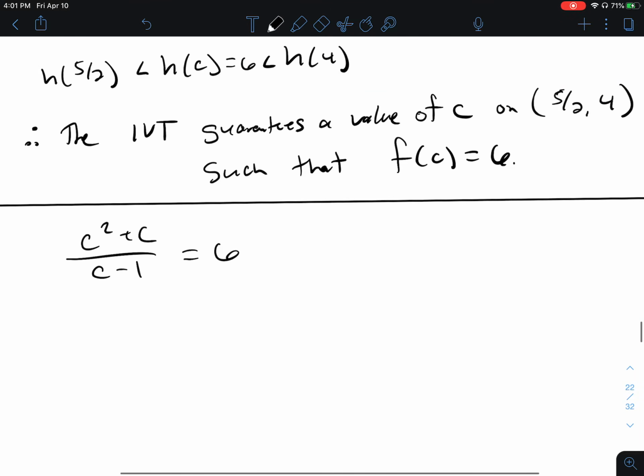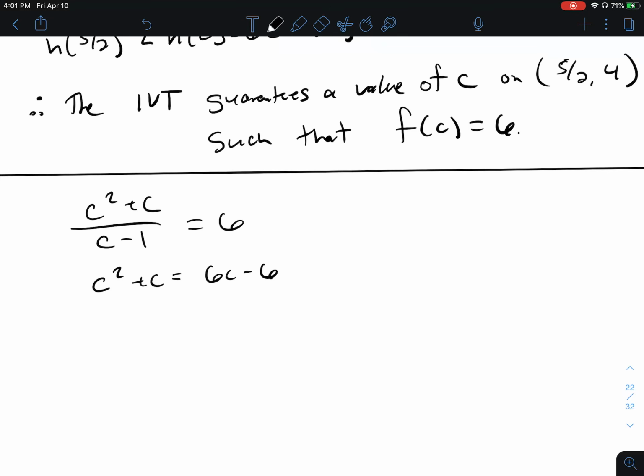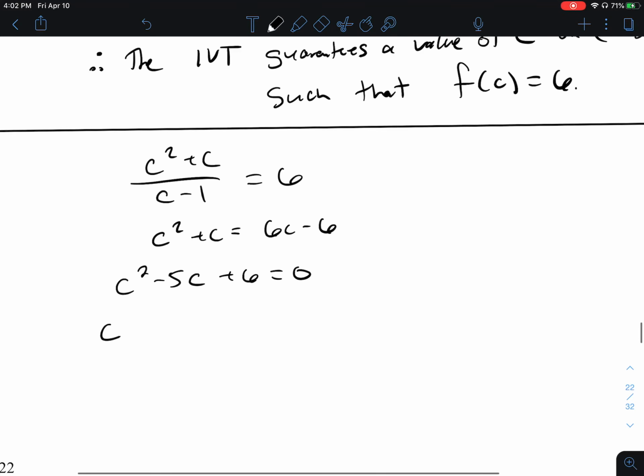If we multiply both sides by c minus 1, we're going to get c squared plus c equals 6c minus 6. If we get all the terms on the same side by subtracting 6c and adding 6 to both sides, then this factors c minus 6 and a c plus 1.